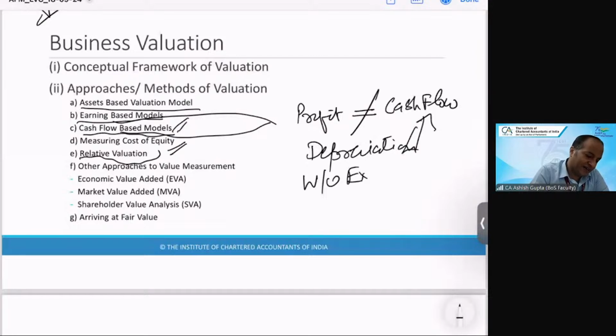This is called relative valuation. Then there are other approaches like economic value added, market value added, and shareholder value analysis. Then finally, arriving at the fair value, which is just a concept of covering the fair valuation.